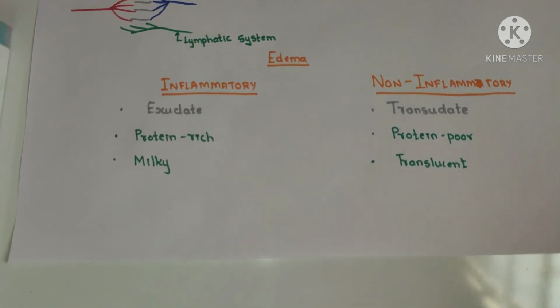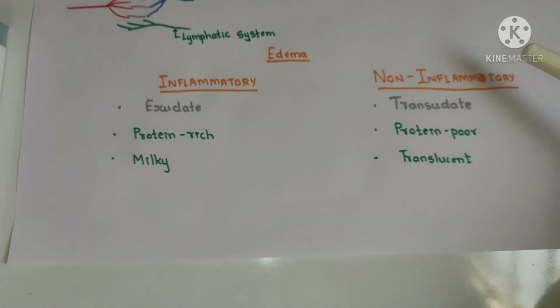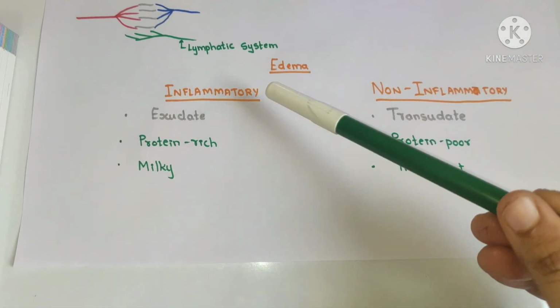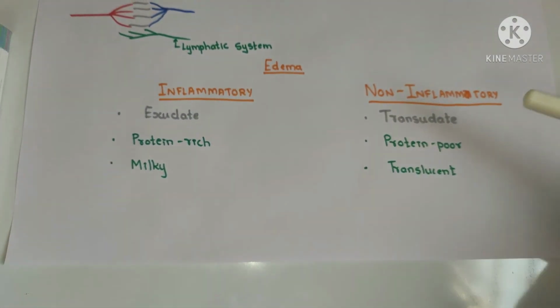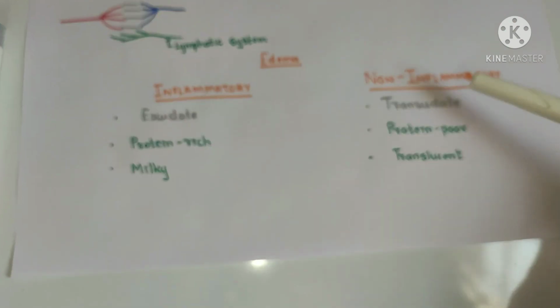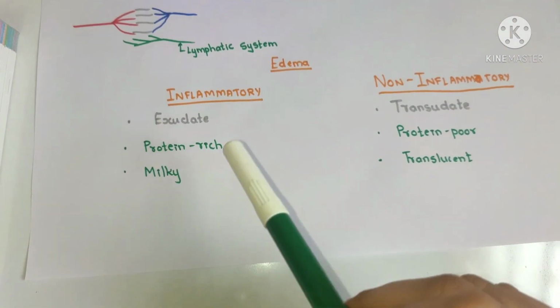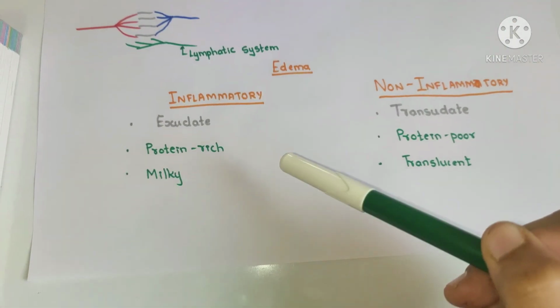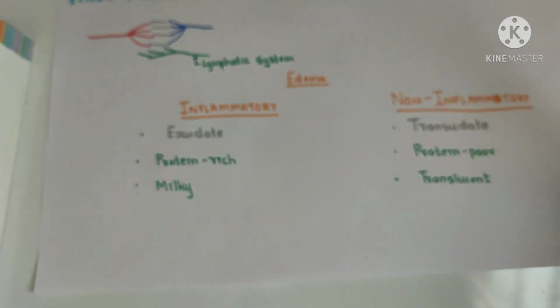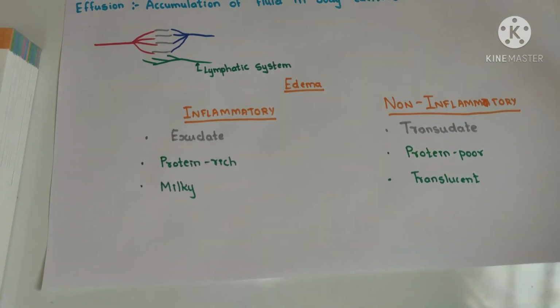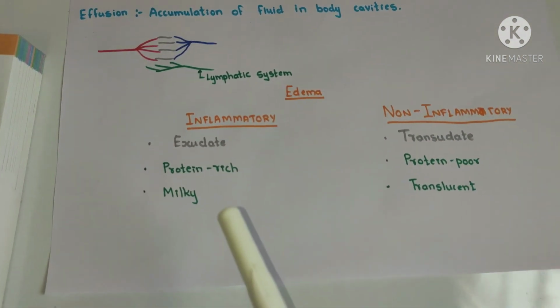This edema can be inflammatory or non-inflammatory. See, inflammatory fluid is known as exudate and non-inflammatory fluid is known as transudate. Due to inflammation, the permeability of our vascular membrane is disturbed. Hence, protein will also move out of the vessels, so that fluid will be rich in protein.